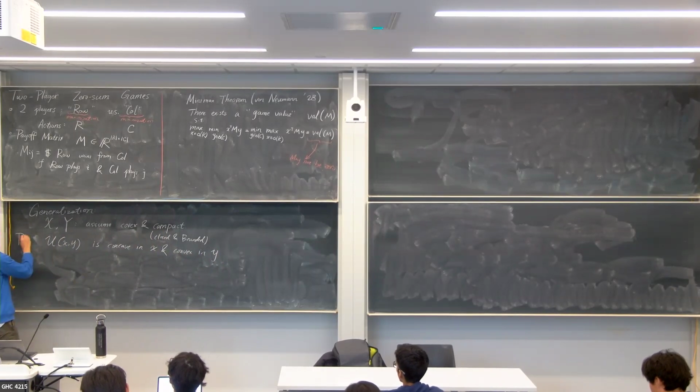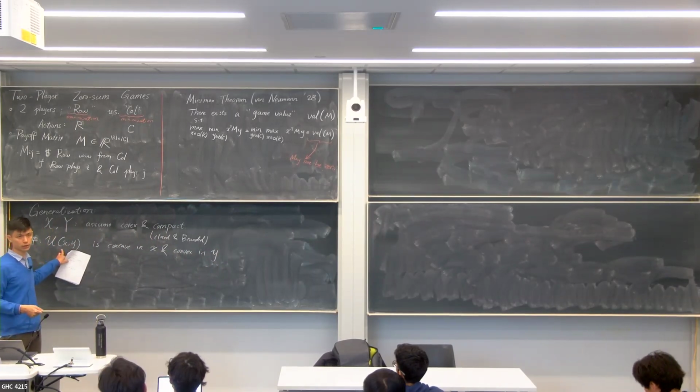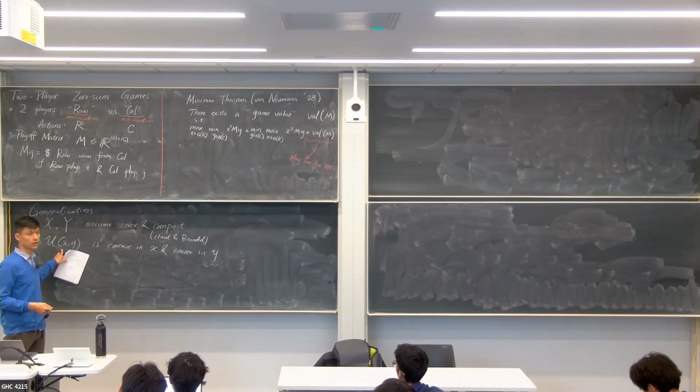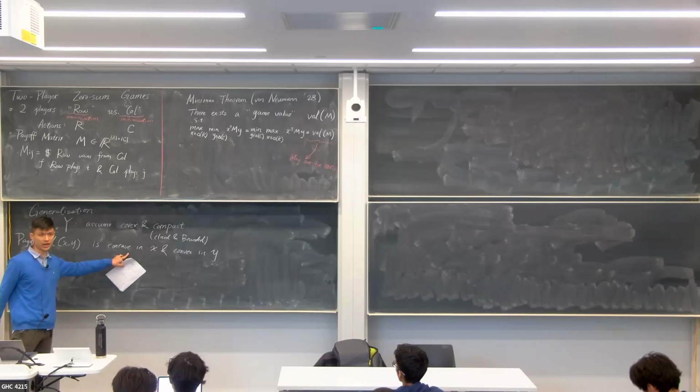Let's call it the payoff. This means if I fix one of the variables, let's say I fix Y, and look at the function as a function of X, that should be a concave function in X.